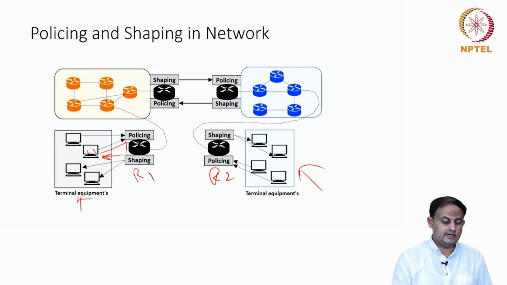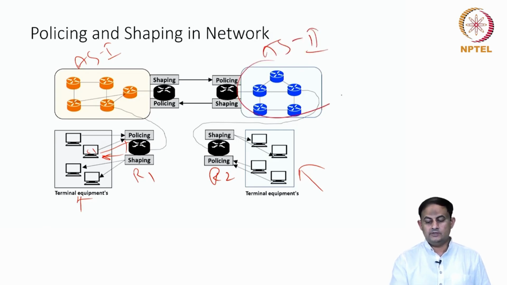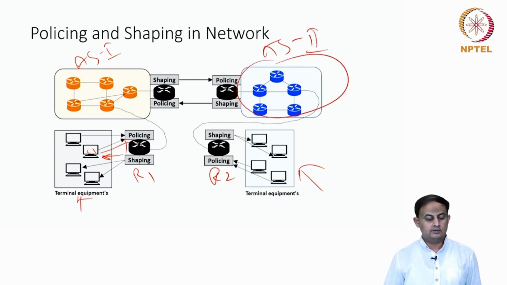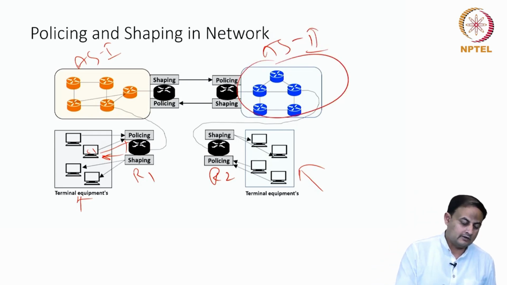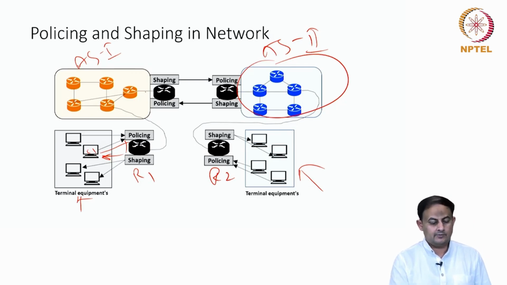Again, you can see that R1 is part of the same autonomous system as these routers, and R2 is part of autonomous system number 2, along with this bunch of routers. Across these routers, whatever is marked in yellow, no policing and shaping is happening.